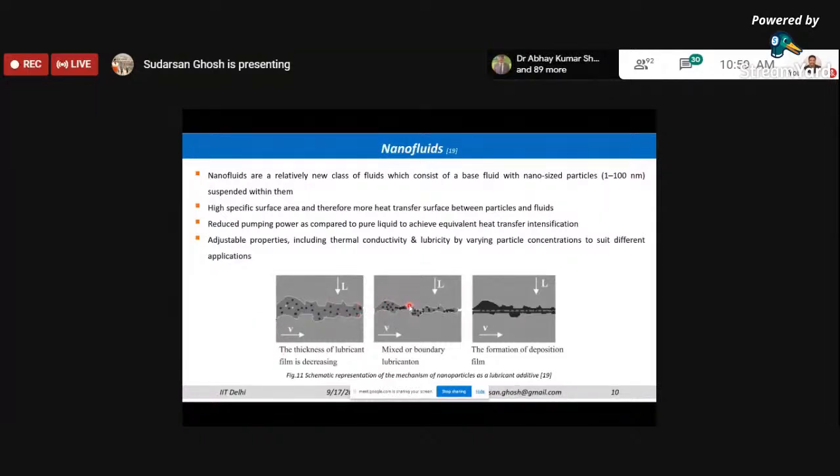And not only that, as you can see over here, when these two surfaces are in touch with each other, and we have a force acting from the top surface, what happens? These nanoparticles basically align themselves, and then they form what we call a mixed boundary lubrication.